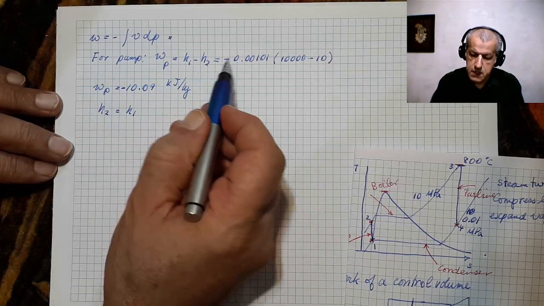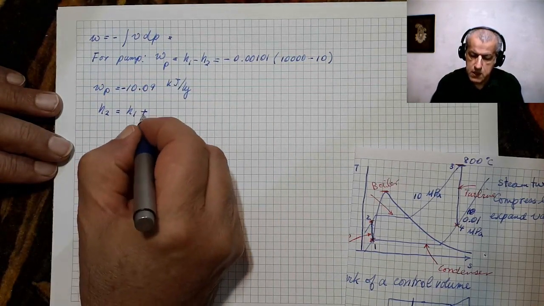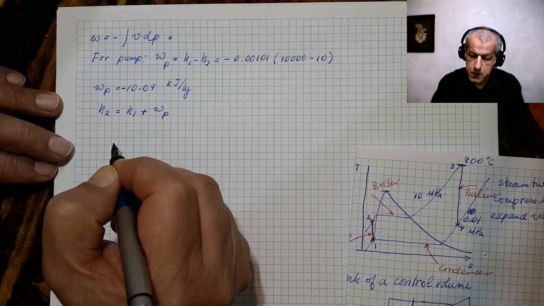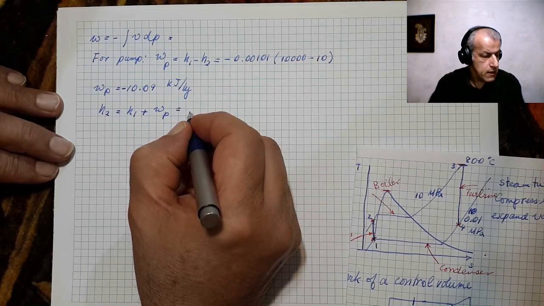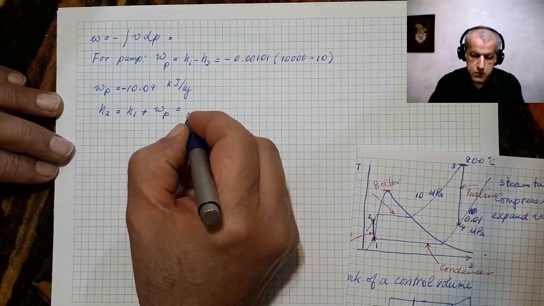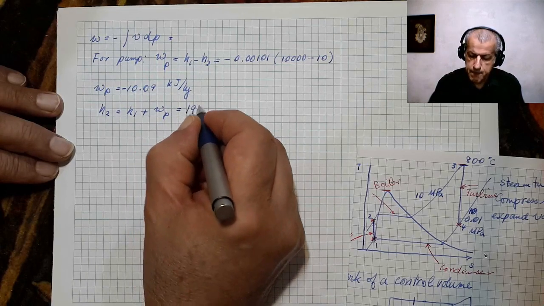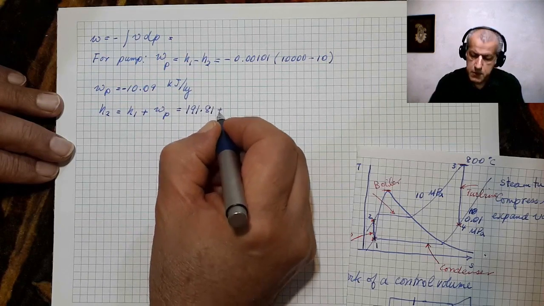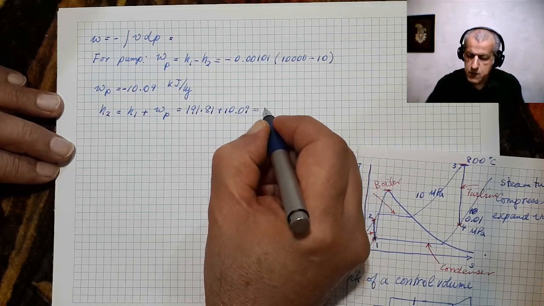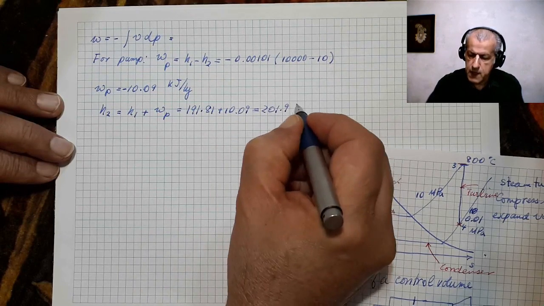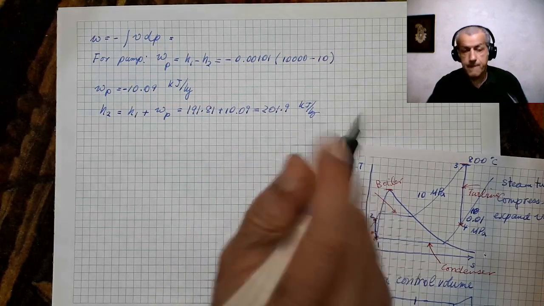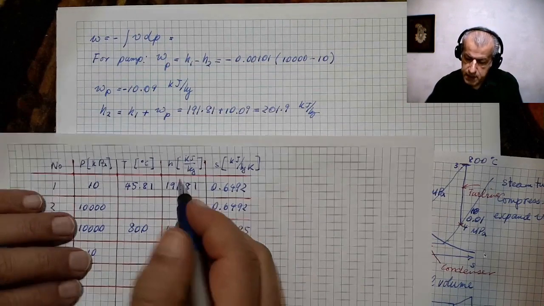H2 goes to the other side, and this work comes to this side, so it is H1 plus pump work, and I have actually applied this minus here, so it would be 191.81 plus 10.09, and that equals 201.9 kilojoules per kilogram, and that is our enthalpy for point 2.